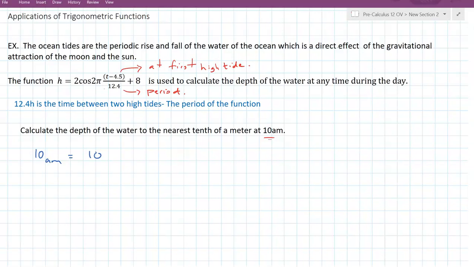Midnight is zero hundred hours. So 10 a.m. is 10 hours, and that is the t value. So we take this 10 and plug it back into the equation and then solve.